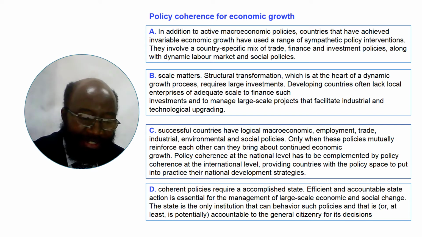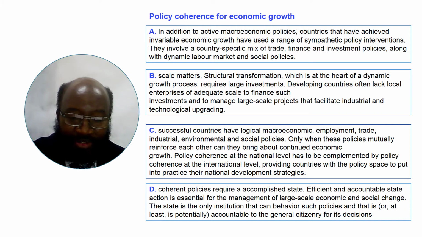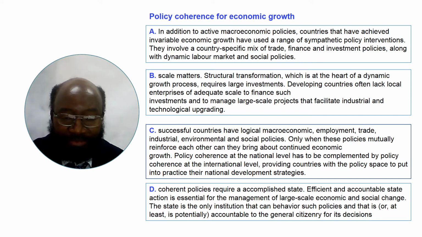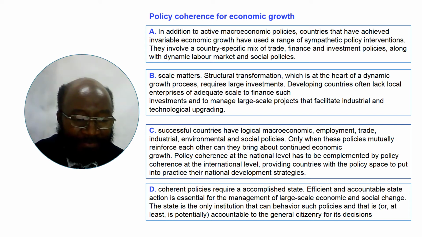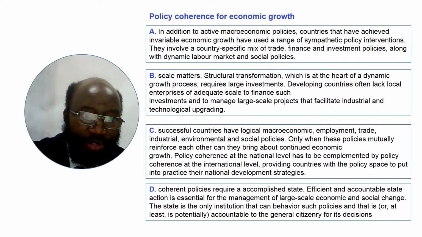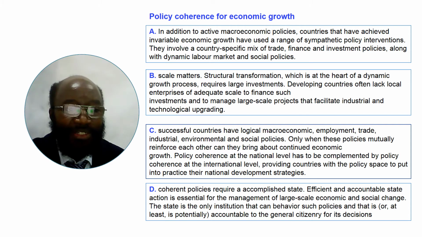And D, current policies concern many accomplished states that recur in the country. Now we have four: policy coherence for economic growth in the country. We call A, B, C, and D.